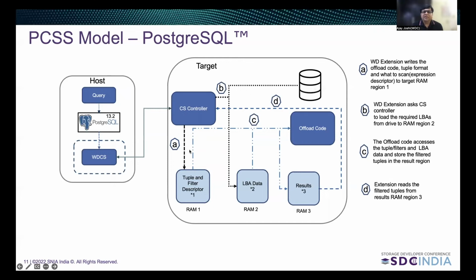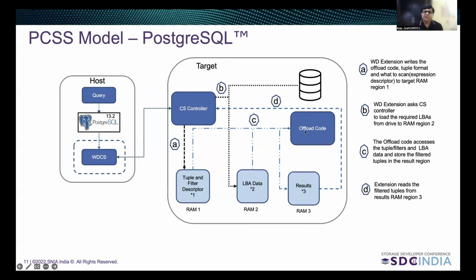Once we have that in the RAM region, the WDCS plugin asks the CS controller to load a set of LBAs from the SSD to RAM region 2. Once that is in place, it triggers the offload code to start executing. The offload code will pick up the tuple format, the filter descriptor, and the LBA data, and it knows how the LBA data is organized, what the tuple format is, and what filter we are looking for.